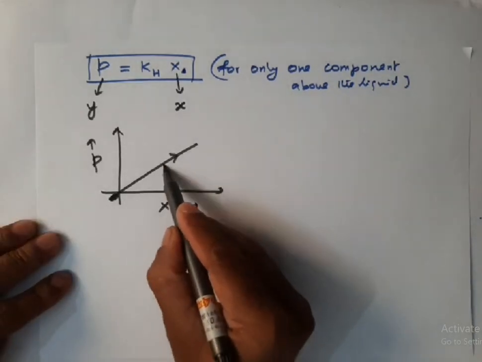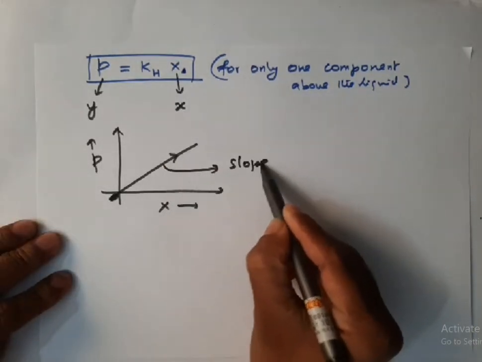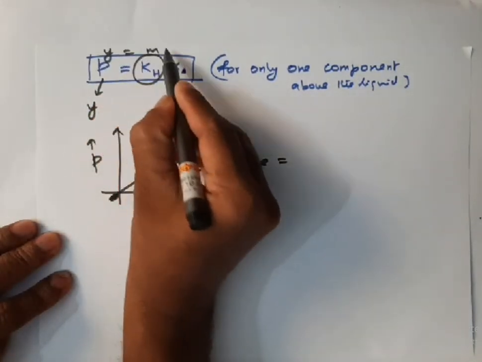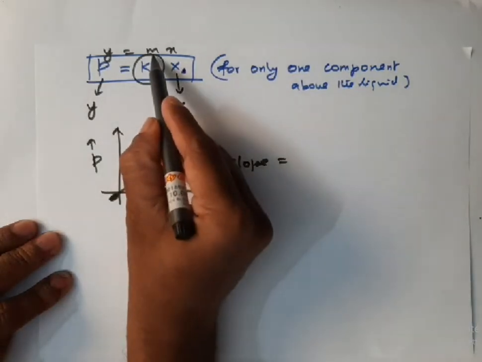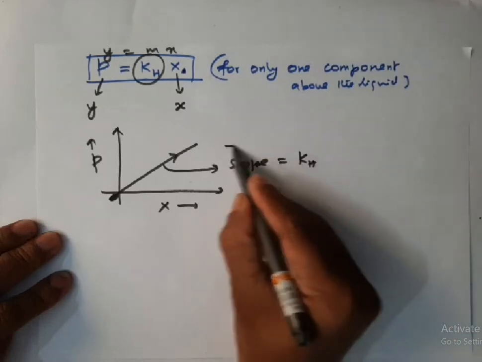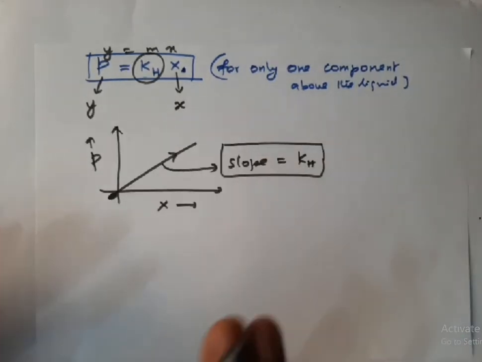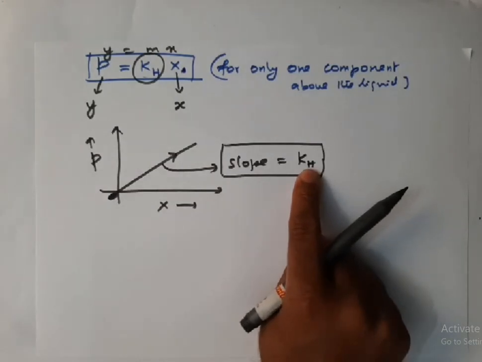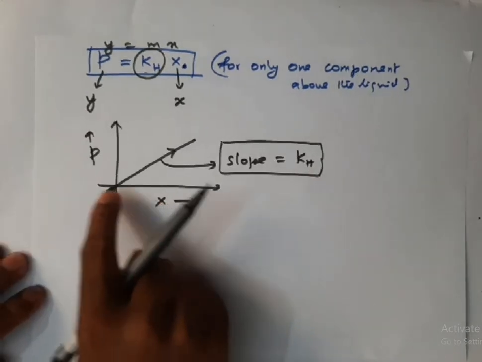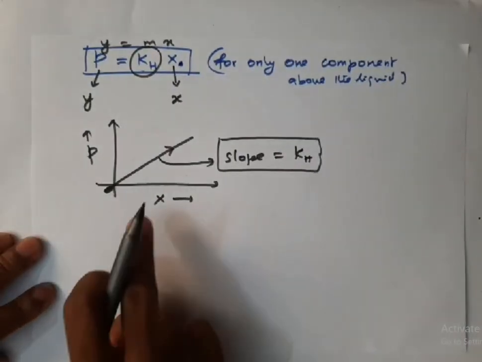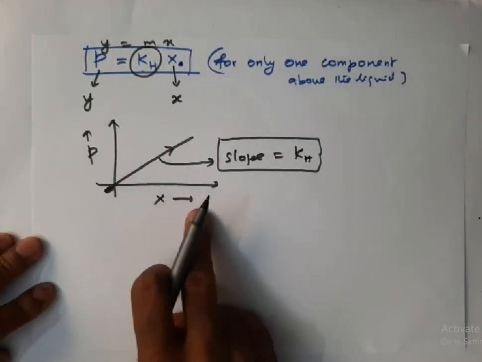And what is the slope of this straight line? You know very well, this is similar to y equal to mx, so this m is nothing but the slope. The slope here is Henry's law constant KH. So if you want to find Henry's law constant for a particular component, increase the pressure of the component above the liquid surface and find the mole fraction in the liquid.